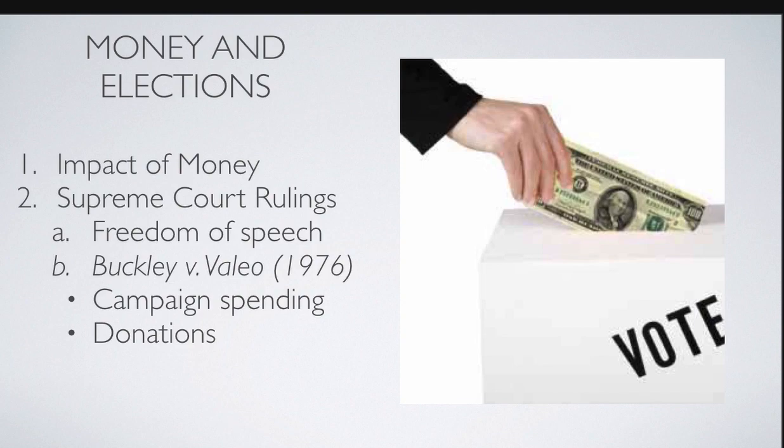It's a freedom of speech. Do what you want with it. That does tend to give an advantage to those who are wealthier, to give them a head start in these campaigns. Now, it also clarified the donation system a little bit better. It did say that Congress had the ability to limit donations to an individual through a campaign season.